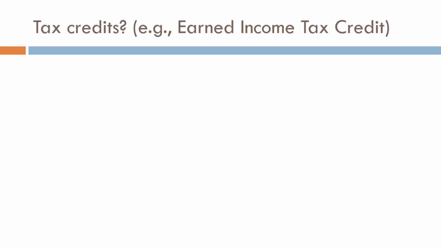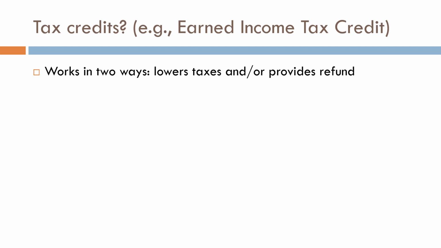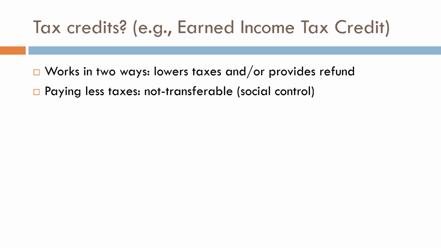And lastly, we have tax credits. For example, the Earned Income Tax Credit. I put a question mark here only because it's kind of interesting how this can be viewed. Because tax credits, like the EITC, work in two ways: they lower taxes, and or they provide an actual cash refund. So paying less taxes, that's not transferable.